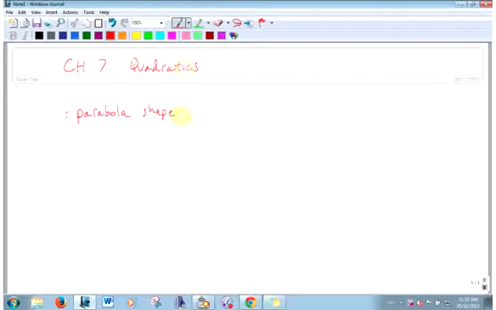Quadratics make a parabola shape. Their equations are in the form y is ax squared plus bx plus c.